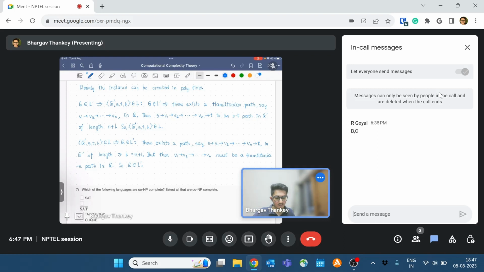If a path of length n plus 1 exists, then every vertex in G prime must appear on the path, because G prime has at most n plus 2 vertices. Which means that if you leave out S and T, all the other vertices, that is the vertices of G, must appear on this path exactly once. And that means that V1 to Vn must be a Hamiltonian path. Is this fine?